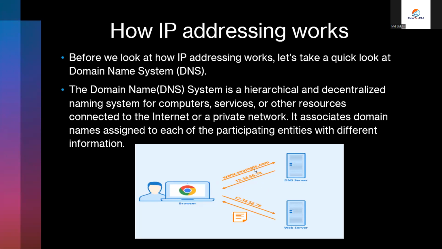Normally it's hard to remember the different IP addresses of different websites, so normally we go by the name. Whenever I write the name, it finds the IP address associated with that name on the DNS server. The DNS server keeps all these IP addresses, nothing else. Then when it finds the web page, it sends a request to the web server.